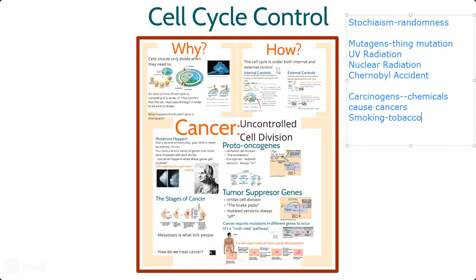And it does not matter what form of tobacco you consume. So if it's a cigarette or a cigar or chewing tobacco, dip, or vaping, okay, those are carcinogens, you will get cancers. The difference is where you get the cancer. So smoking causes lung cancer.